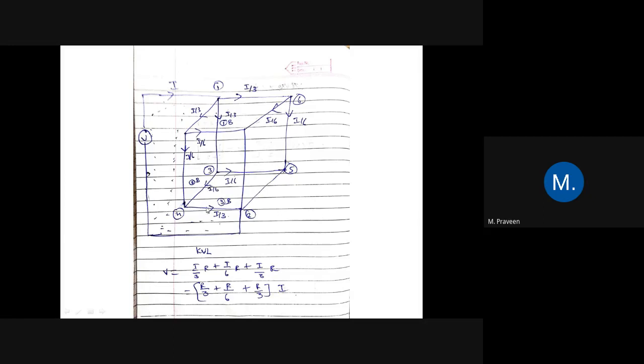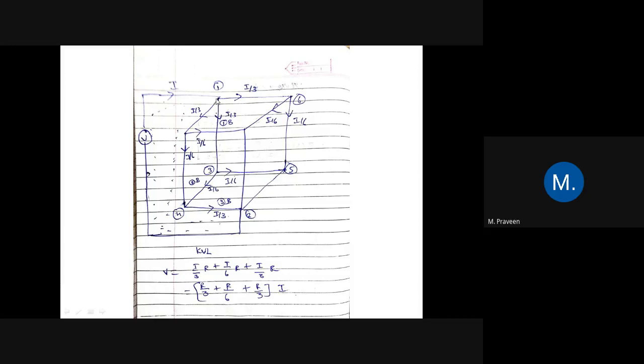Therefore, the current flowing here is I by 6 plus I by 6, which is I by 3. So I by 3 is the current flowing toward the second corner. Now we are going to consider this as a closed loop. Let us see.